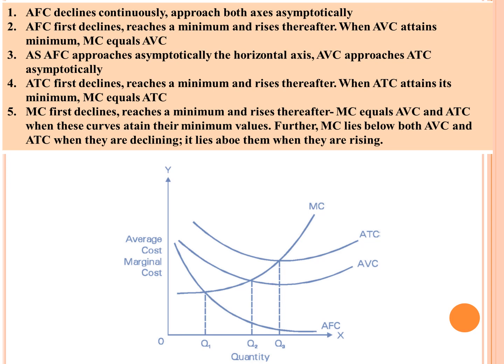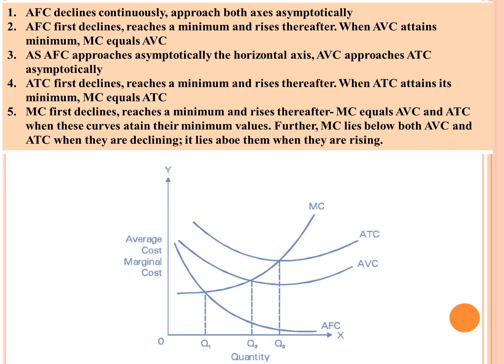It is a rectangular hyperbola. Average variable cost declines, reaches a minimum and rises thereafter, and when average variable cost attains its minimum, marginal cost equals the average variable cost.